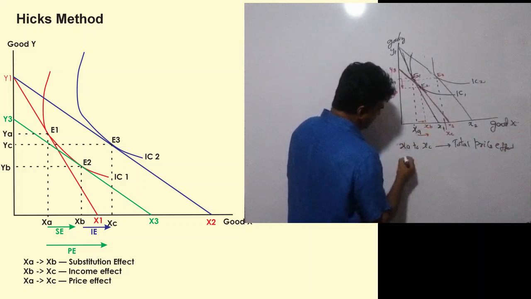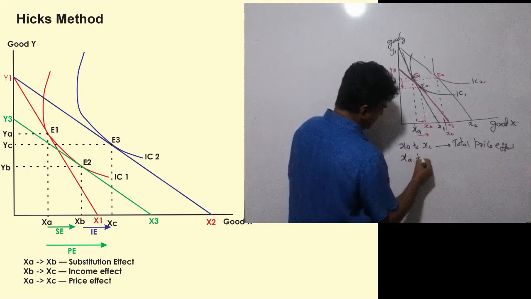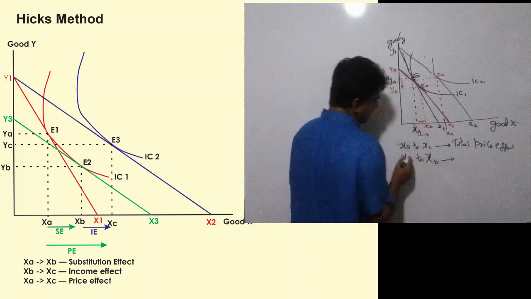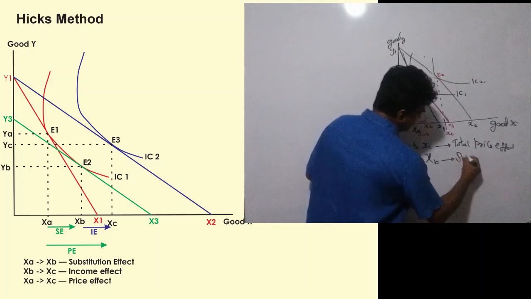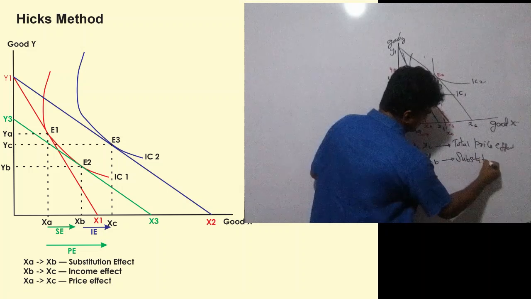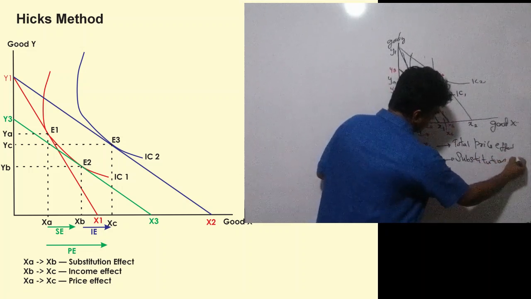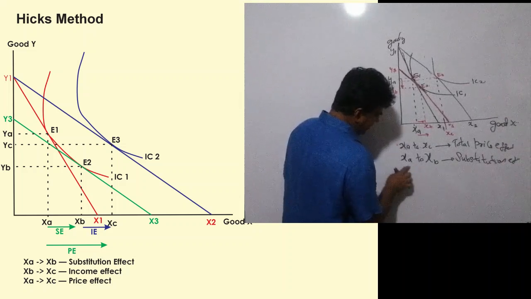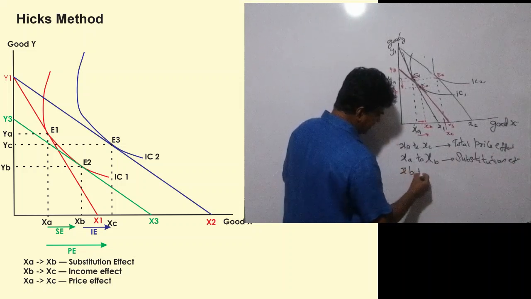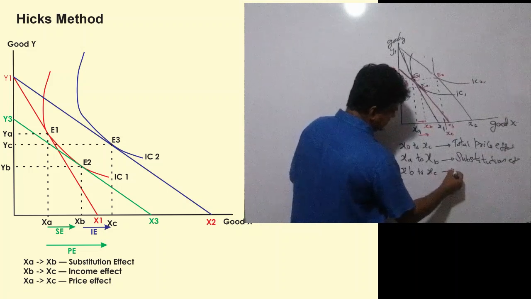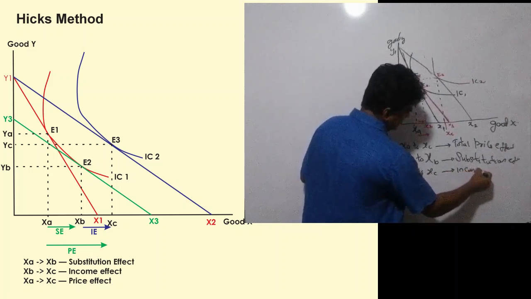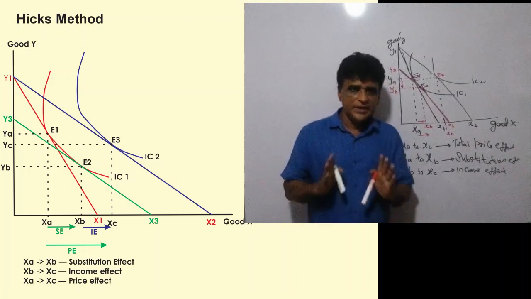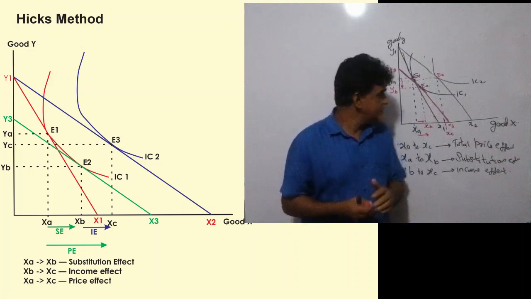Then XA to XB is the substitution effect, and XB to XC is the income effect. Clearly understand this, right?